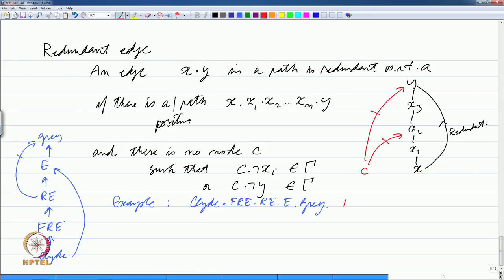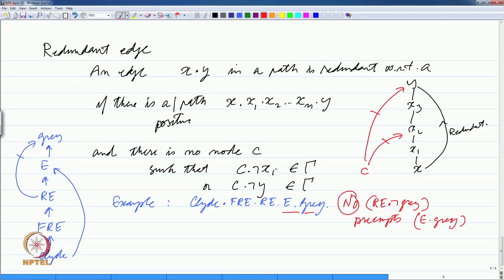So, the answer is no. RE.not gray preempts E.gray, and this edge is part of this path, and it is being preempted by a node which is in the path, which is this node RE, and therefore, the answer is no.